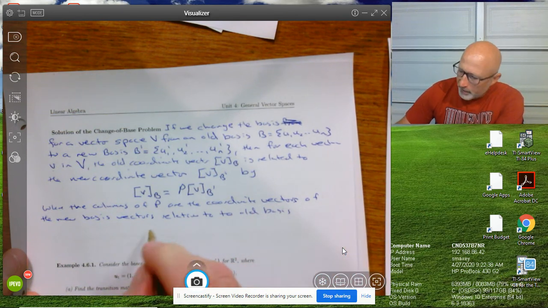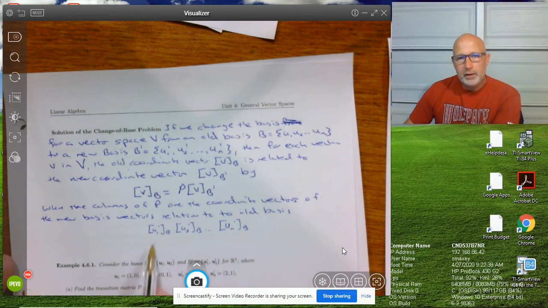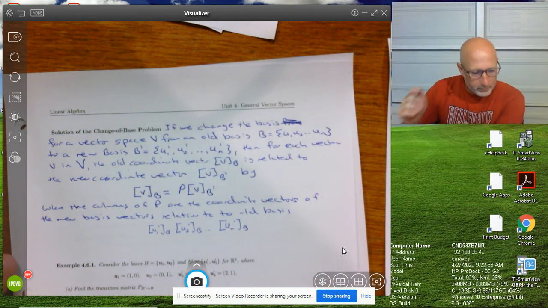Okay, so what that means is we're going to have U1 prime under the basis B, comma U2 prime under the basis B, all the way up to UN prime under the basis B. So these are going to become the column vectors.